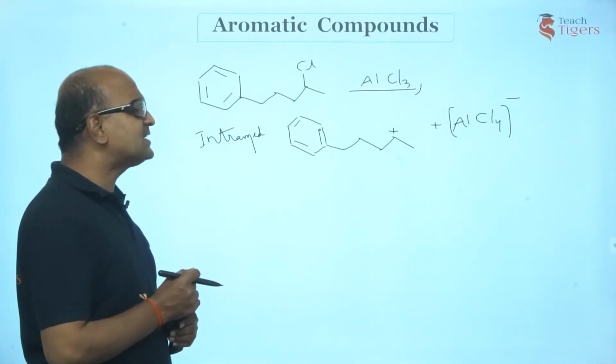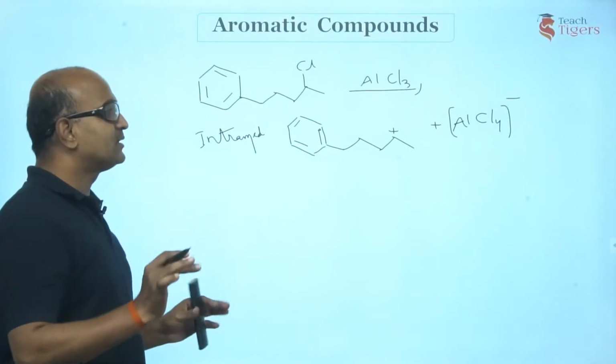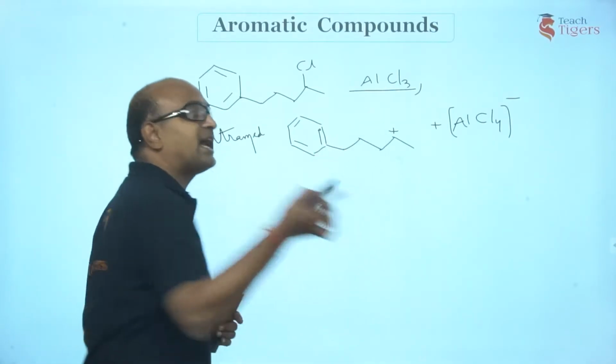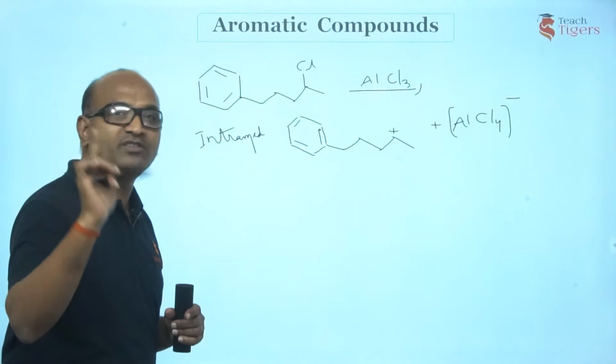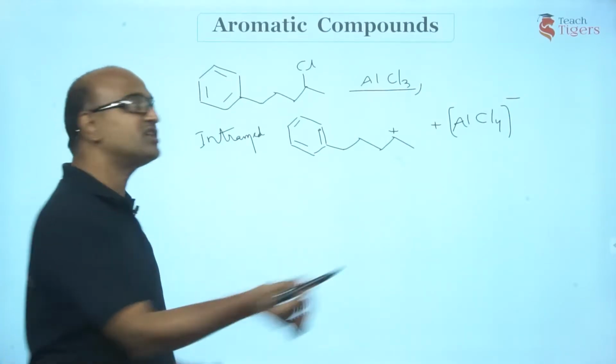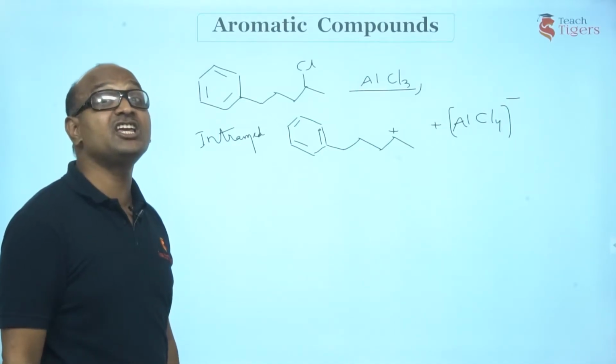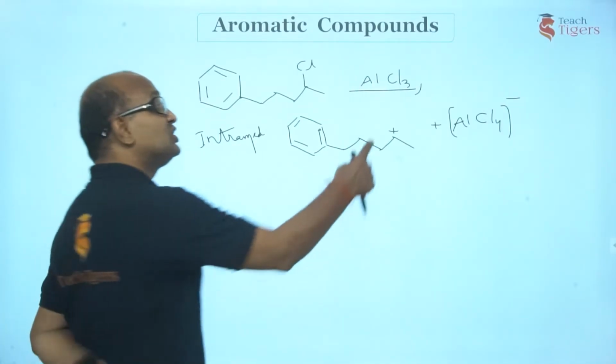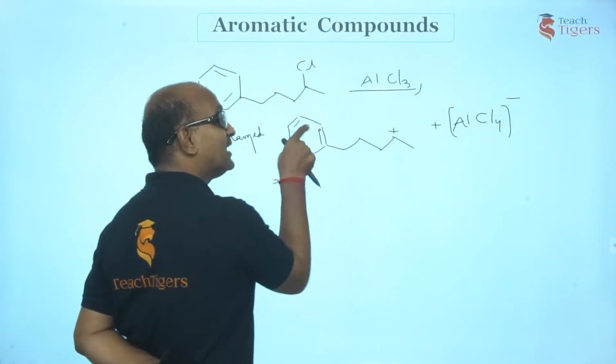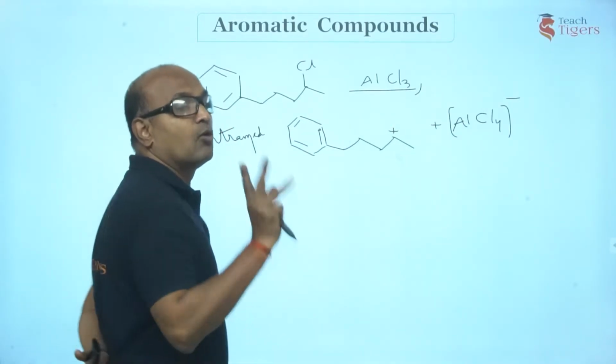Now, look at the board, guys. Now, what is the next step? This carbocation, which is the intermediate of the Friedel-Crafts alkylation, would attack the benzene ring, resulting in arenium carbocation. So, this positive charge will come and attack this pi bond. What would happen?